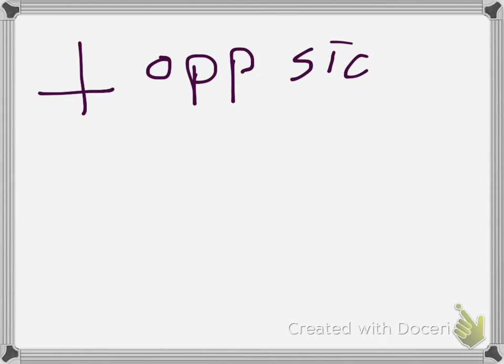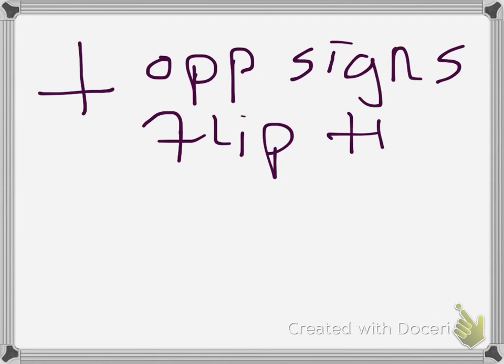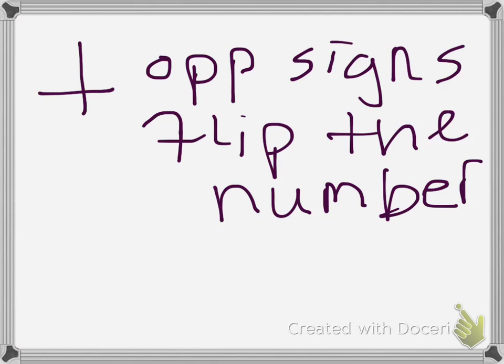So the rule for perpendicular lines is opposite signs, and then flip the number. The denominator becomes the numerator and the numerator becomes the denominator.